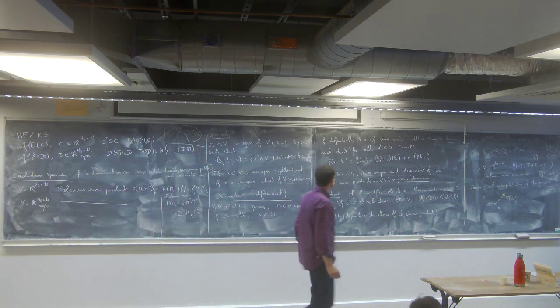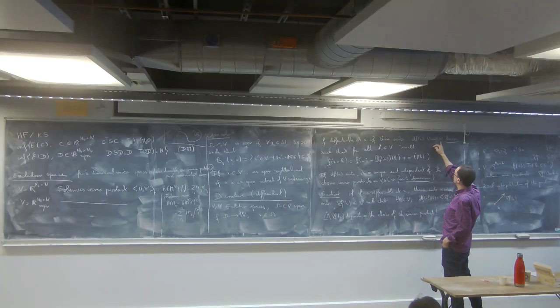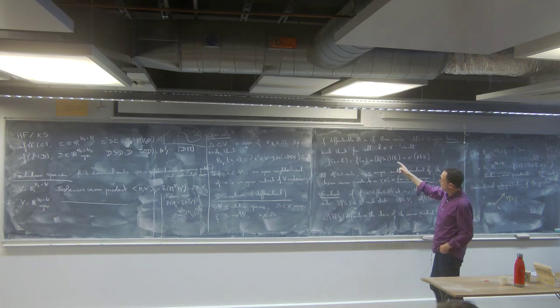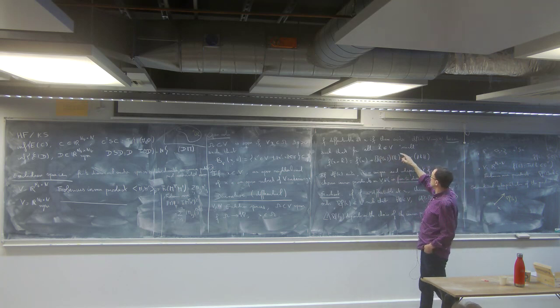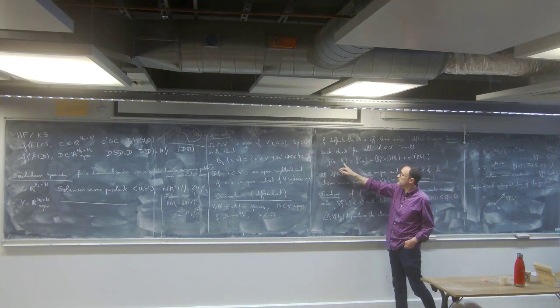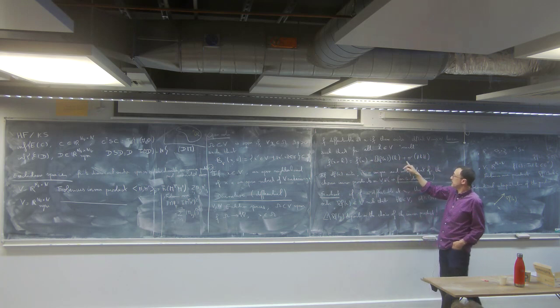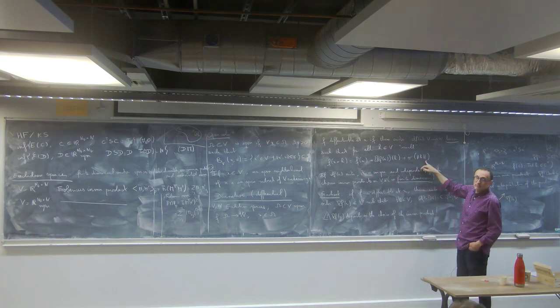And we say that f is differentiable at x if there exists some linear map from V to W such that for all h in V small enough, f of x plus h is equal to f of x plus this term, which is linear in h, plus some remainder, which is small compared to h.